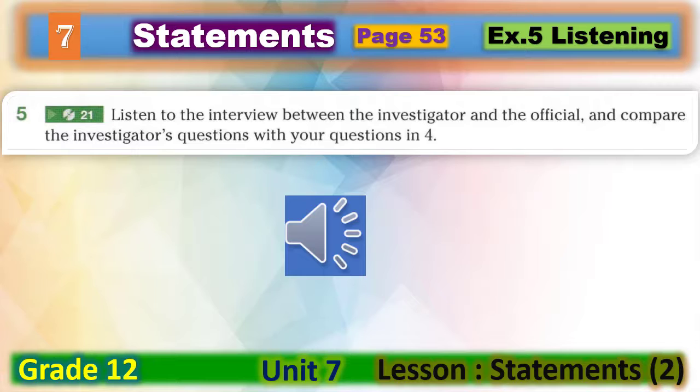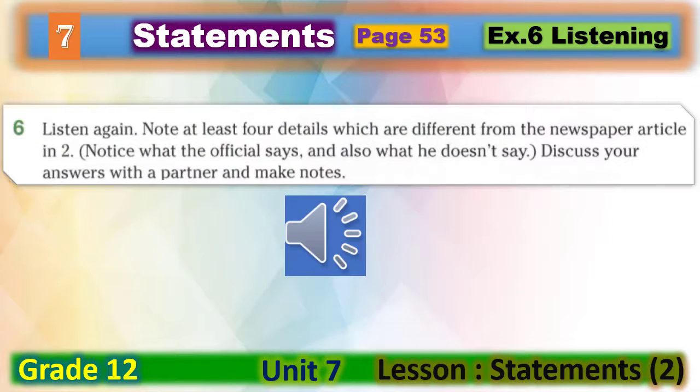Now, let's check your answers. Did you compare your questions with the questions of the investigator? Good. Now let's move to the next exercise, exercise number 6. Listen again, note at least 4 details which are different from the newspaper article in exercise number 2.